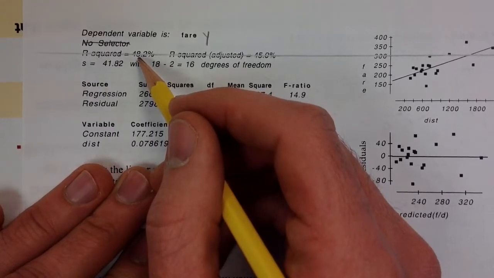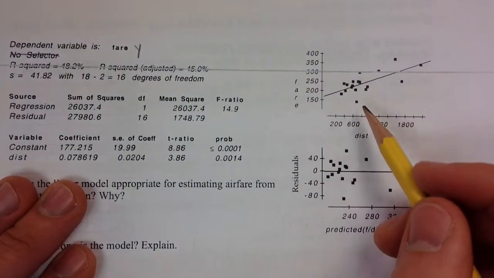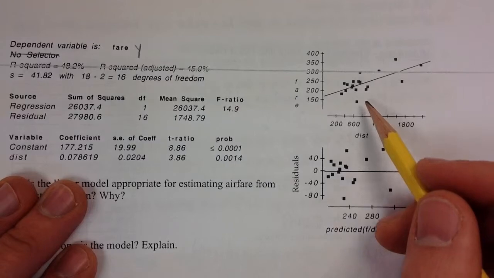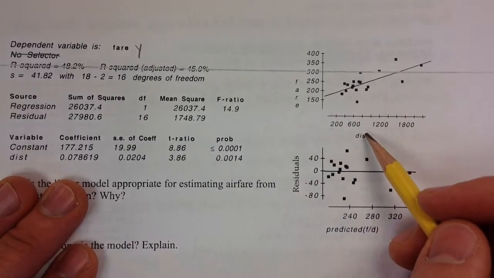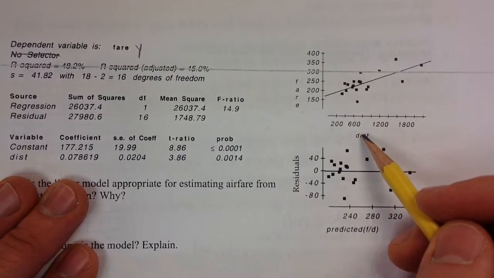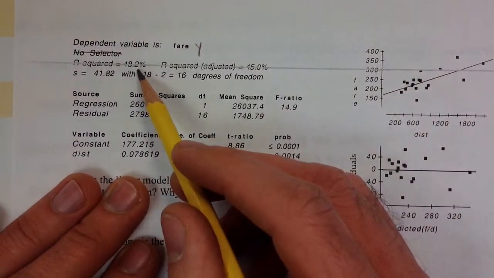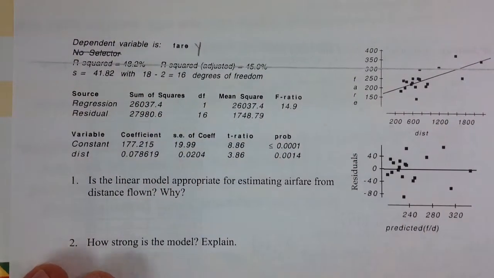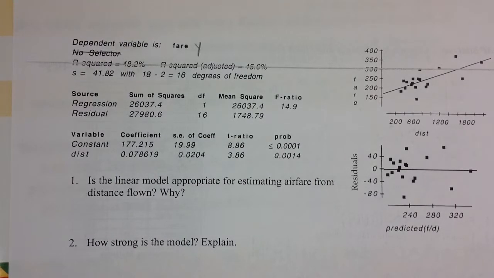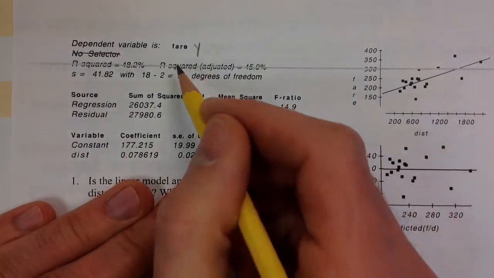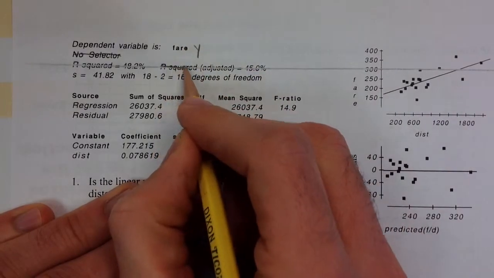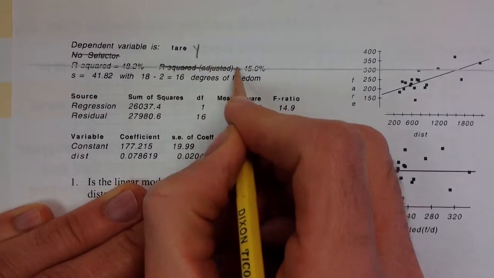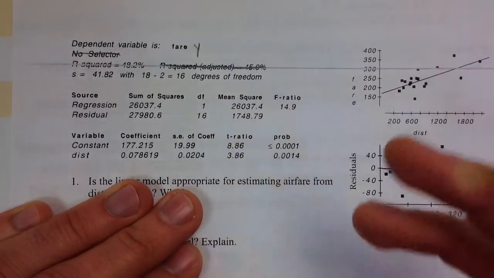So 48.2% of the variance in airfares is being explained by the linear model using distance as a predictor. It's a performance metric. Okay, so one could argue that it is not a great model because the R squared is not near 100%. No need to worry about R squared adjusted. That's used for multiple regression, a topic that you will probably cover in college.